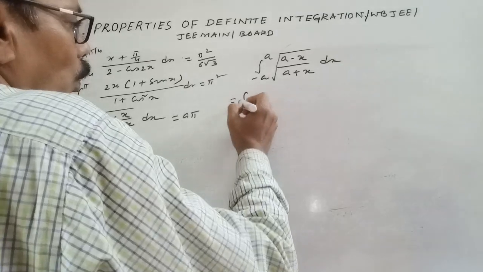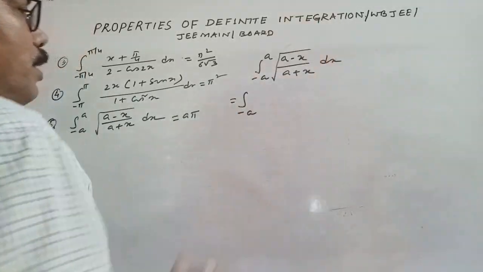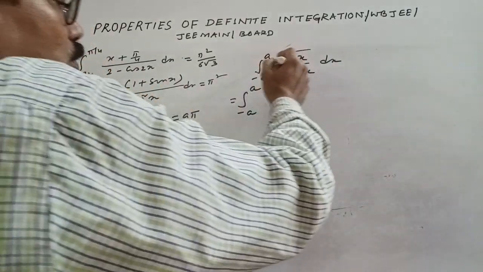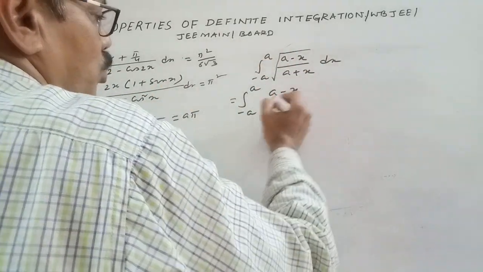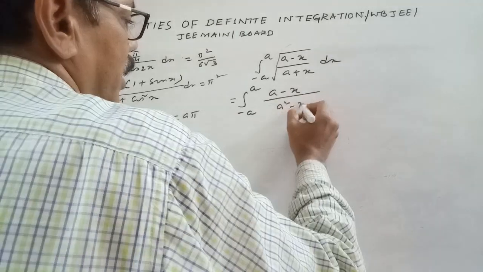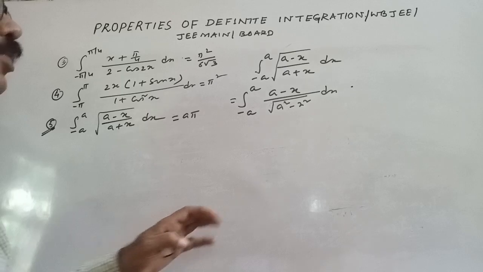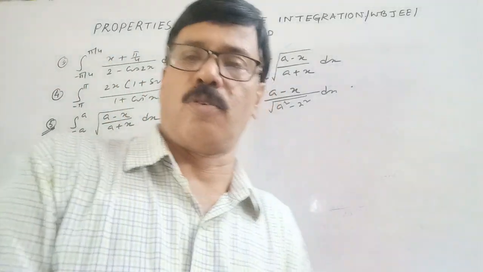So this is neither even nor odd. So minus a to plus a. First you rationalize it, then we use the formula. So this is a square minus x square. So it is neither even nor odd.